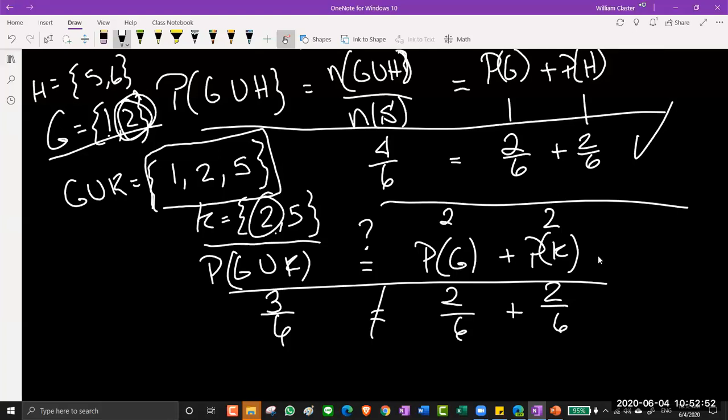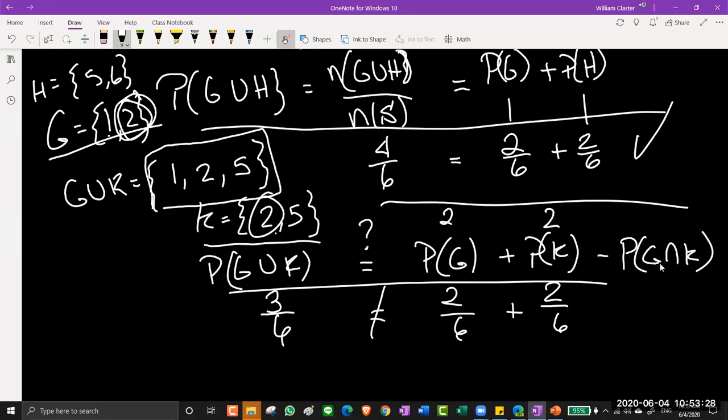But we could adjust this by taking out the thing that we counted twice. We could take it out once, so it brings it back to counting it once. If we take out the intersection of G and K, now it's going to work.